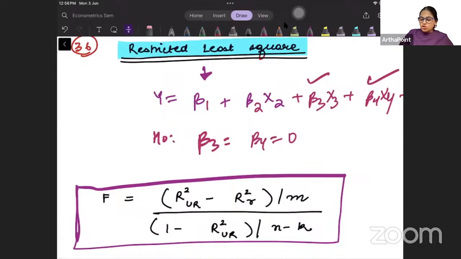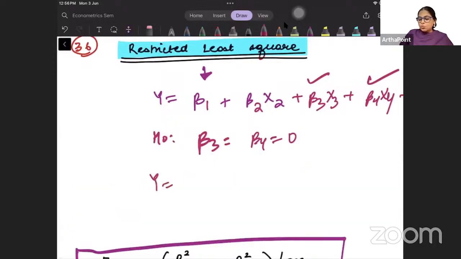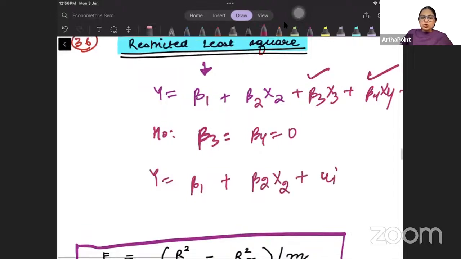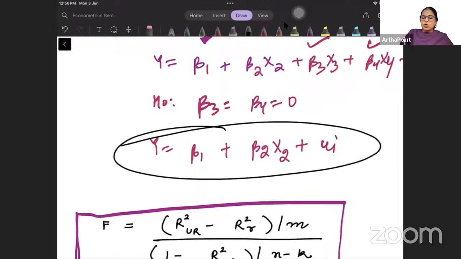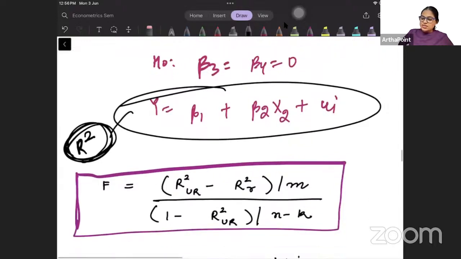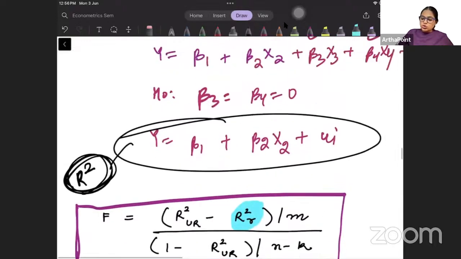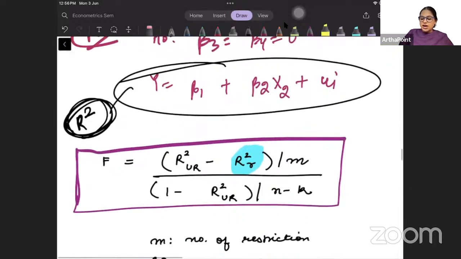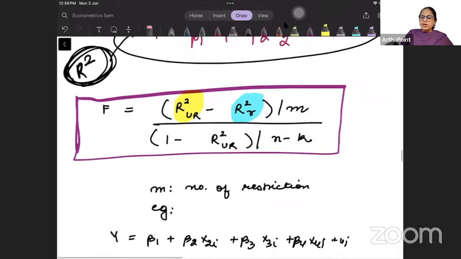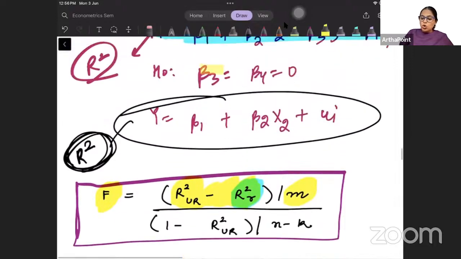So after putting restriction, my restricted model will be y is equal to beta 1 plus beta 2 x2 plus u. So the residual sum of square of this model, जो इस मॉडल का r square होगा, that will be called as restricted model r square. और जो इस मॉडल का r square होगा, it will be called as unrestricted r square. Right? So your F test is unrestricted r square minus restricted r square upon the number of restriction. जैसे यहाँ पे हमने दो पैरामीटर्स पे रिस्ट्रिक्शन लगाए हैं, तो m is 2.